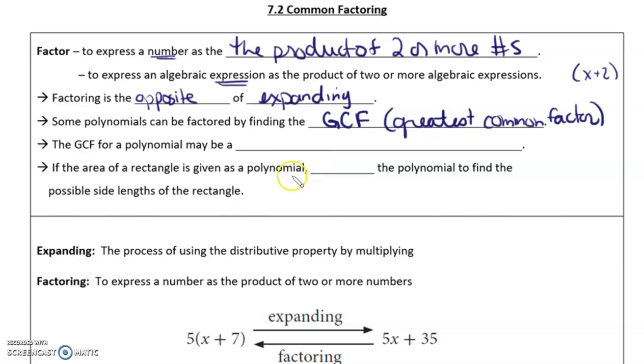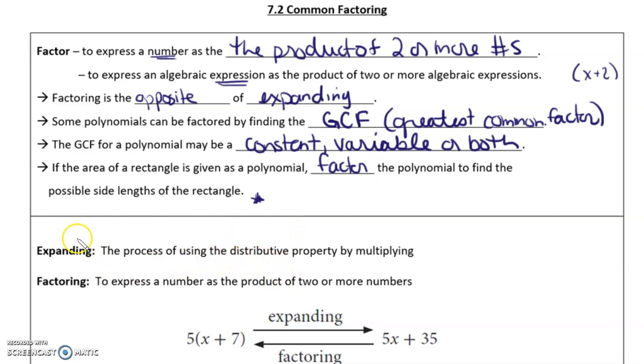The greatest common factor for a polynomial may be a constant, so just a number, a variable, so just a letter, or both. If the area of a rectangle is given as a polynomial, factor the polynomial to find the possible side lengths of the rectangle. This one is going to be the final example that we do today.